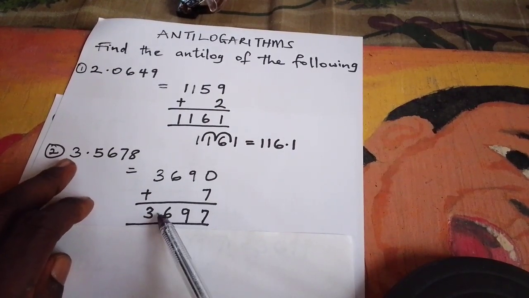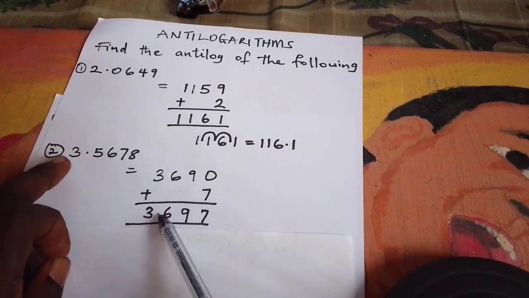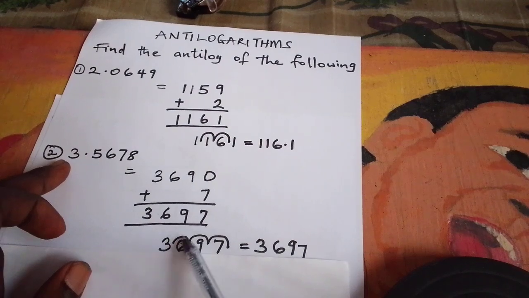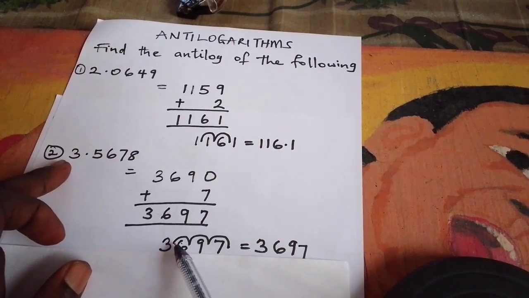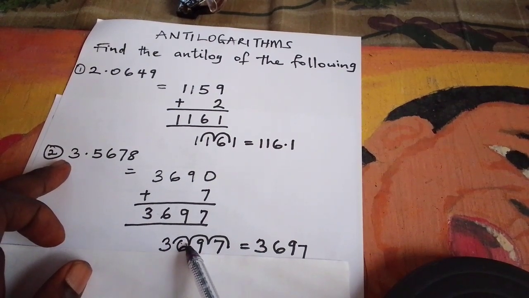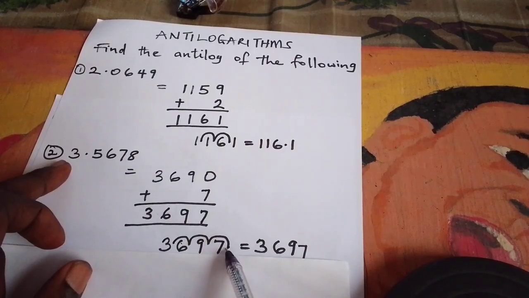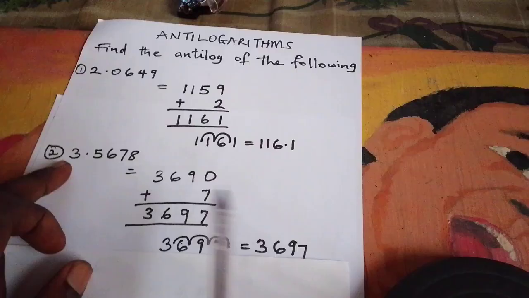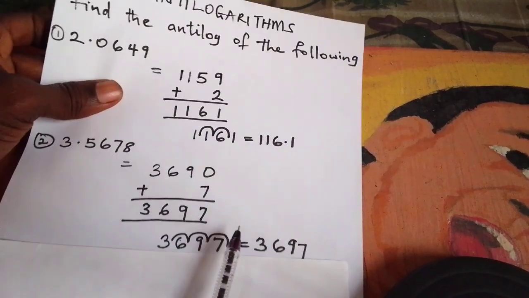Because the first digit is 3, you have to move the decimal point 3 times. 1, 2, 3. So the decimal point is after the last number, to make it a whole number. So we have 3697. Now let's move further.